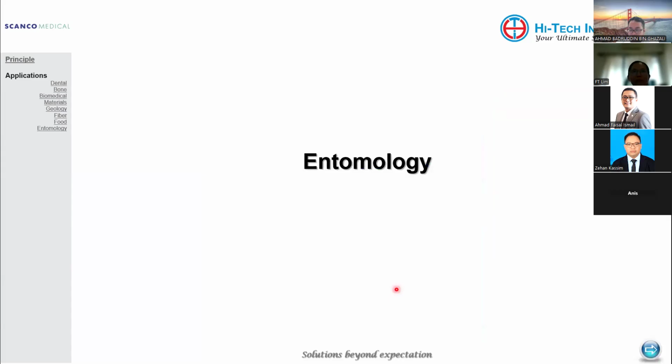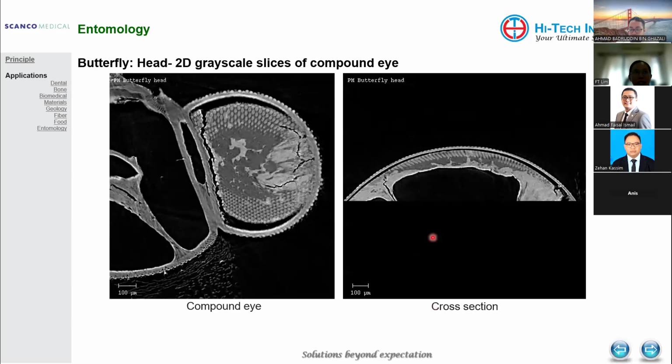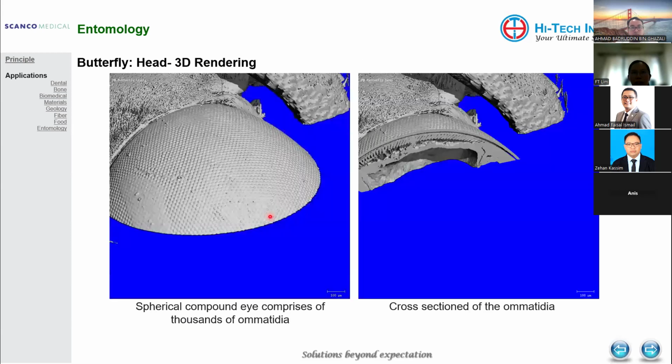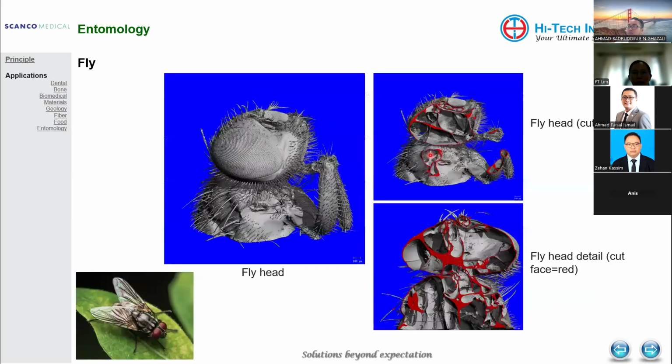And insects, okay, entomology. So this is a butterfly. You can see the compound eyes, the details of the compound eyes. After you segment them, you can see they comprise the ommatidia. And this is a fly.